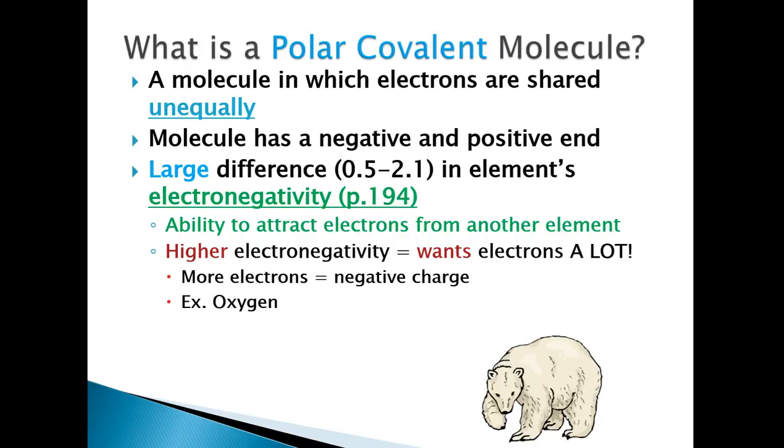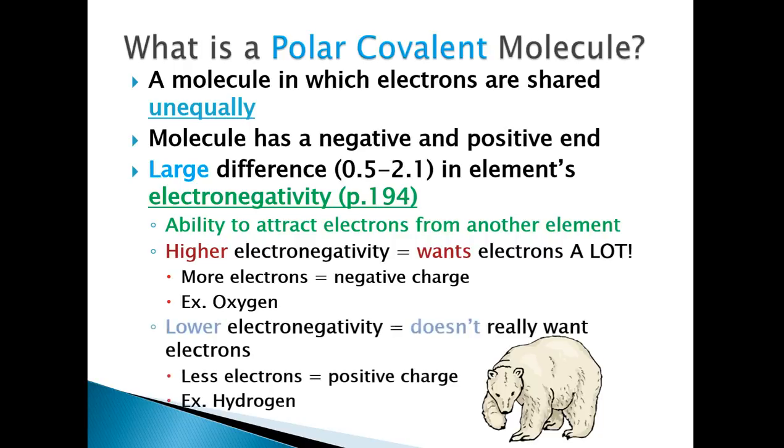So oxygen is an element that has a high electronegativity. It really wants those electrons. It has a high ability to attract those electrons. So oxygen would have a negative charge on it. Then the element with the lower electronegativity doesn't really want those electrons, and doesn't have that ability to attract those electrons.